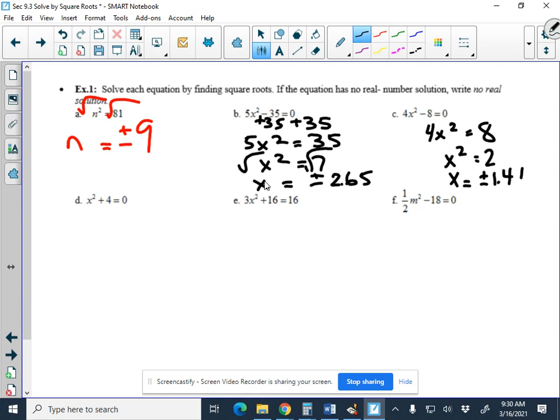All right, the next one. We subtract 4, we get negative 4. Now in the calculator, if you do the square root of negative 4, we're going to get to the point where we talk about these things called imaginary numbers. But right now, what does the calculator say when you do square root of negative 4?